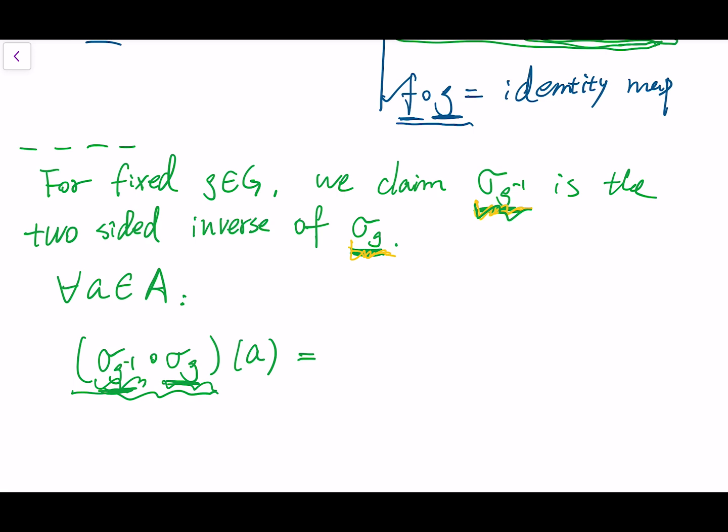Okay, how can we get the identity map from here? According to the definition of composition, this is equal to sigma g inverse of sigma g of a.